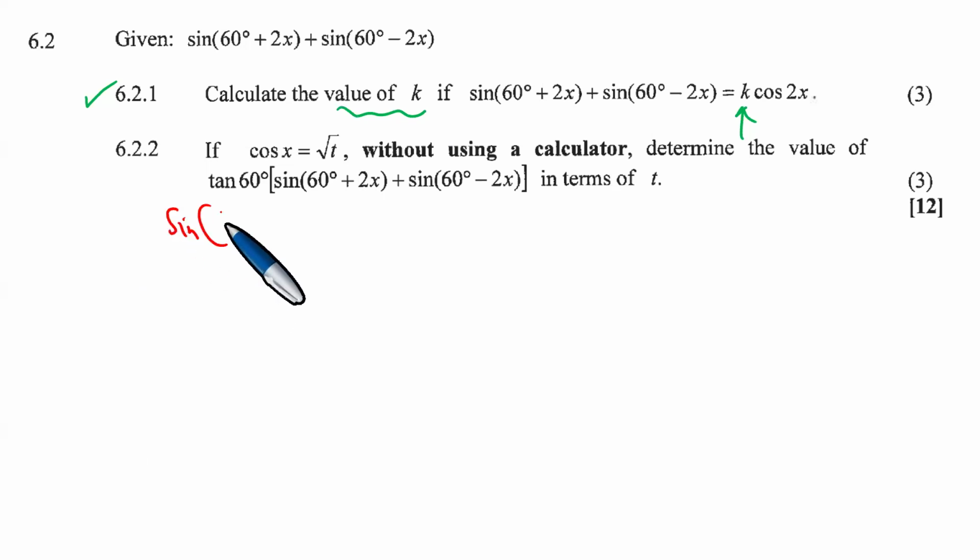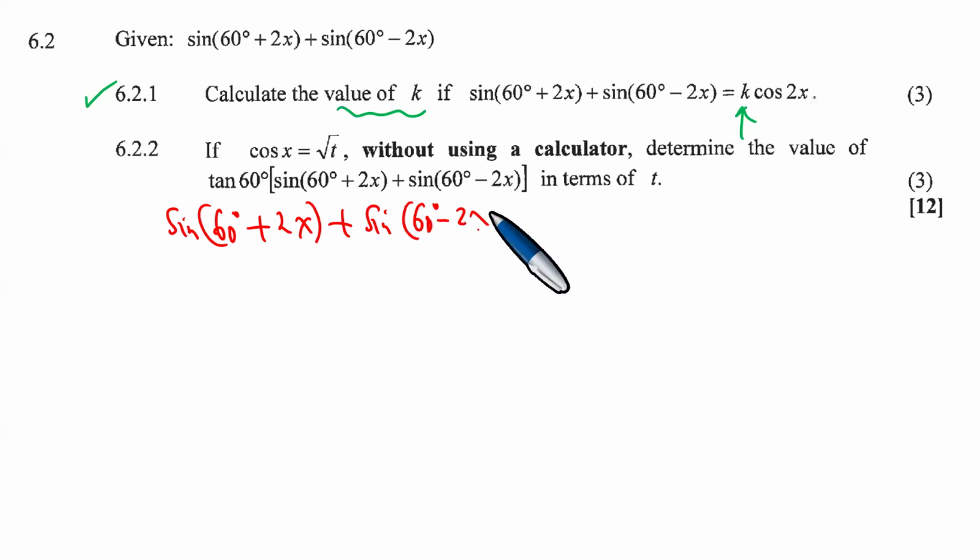So we have the sine of 60 degrees plus 2x plus the sine of 60 degrees minus 2x, which is k cosine 2x.